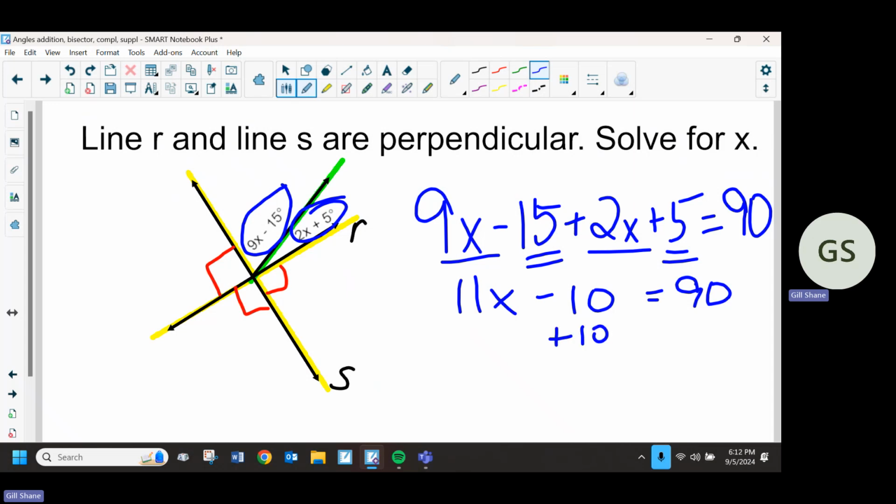If you don't know how to do these, you got to do the IXLs. Watch my video on algebra for geometry. Whatever you do on one side, you do on the other. I don't know why I just added 90. That's 10. 100 equals 11x.